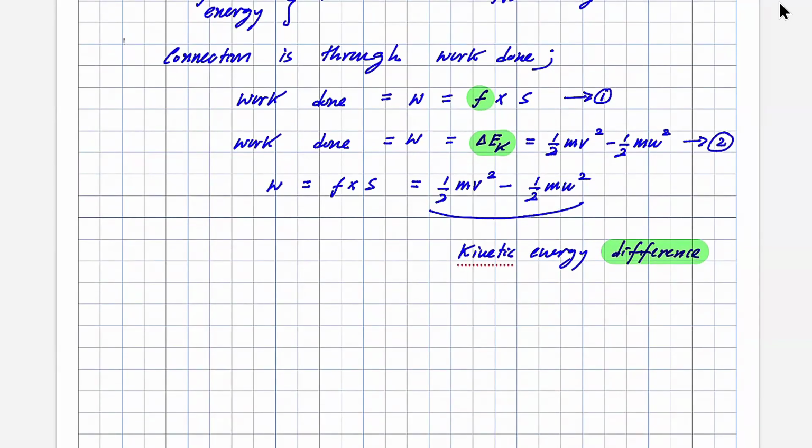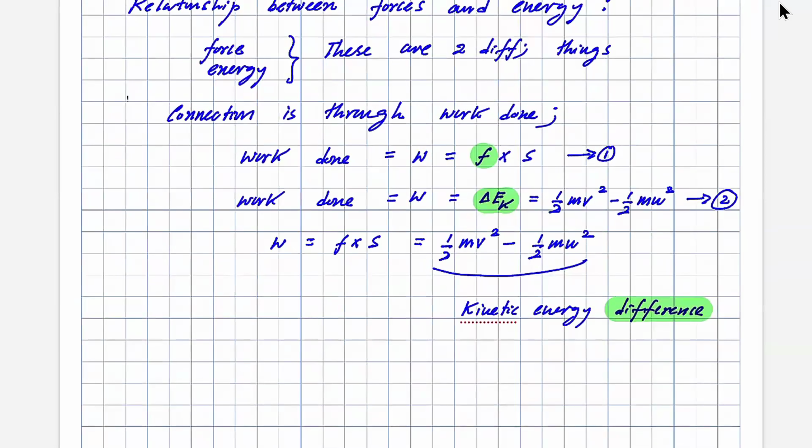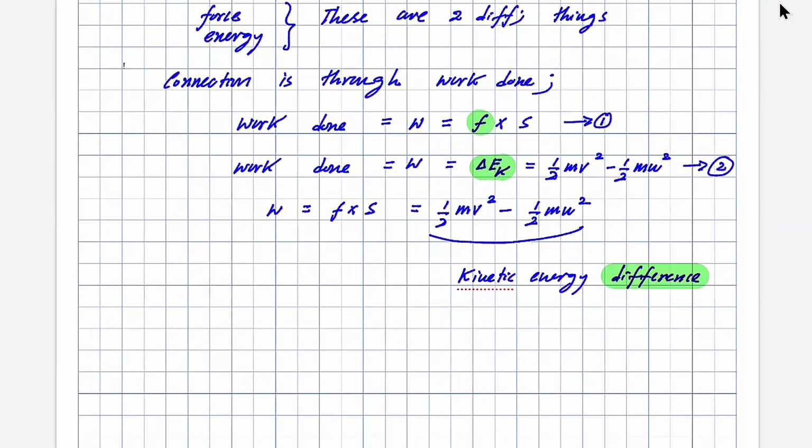So that's the connection. Now, if you have a system, you can talk about forces, you can talk about energy. Two things we have. What is the connection? This is the connection. Very important fact.